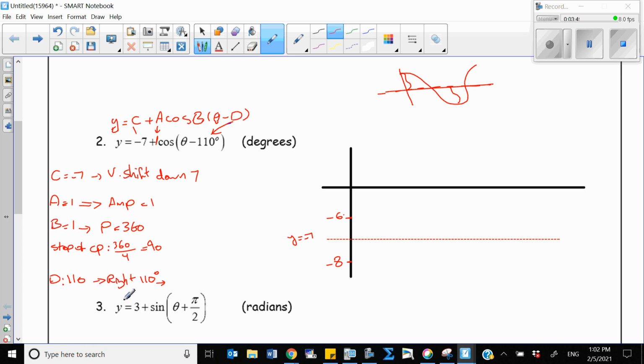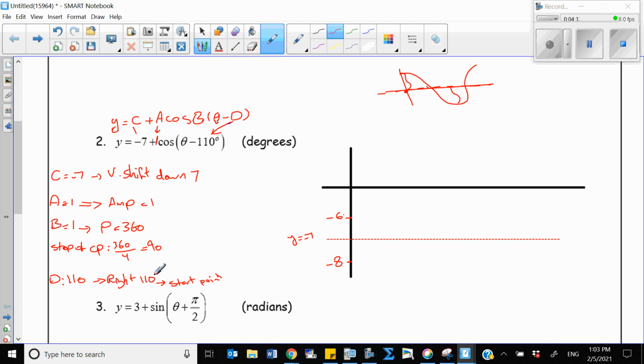And this 110 degrees is going to be our start point, because our function was supposed to start at 0, but now that I'm moving right to 110, that means the function is going to start at 110. So now I can find my critical points.